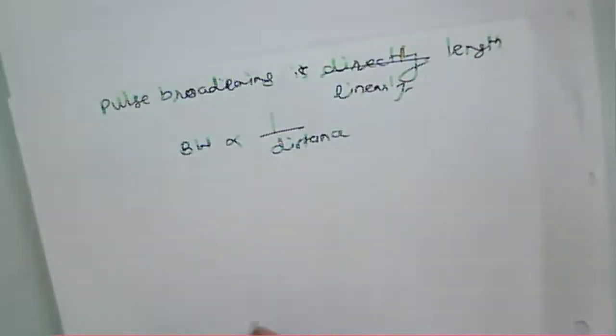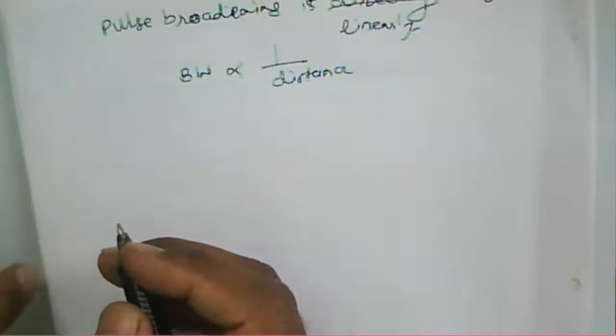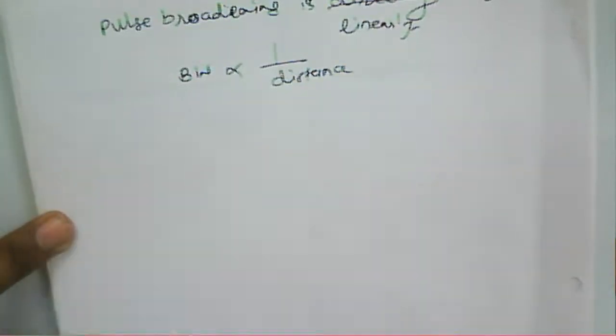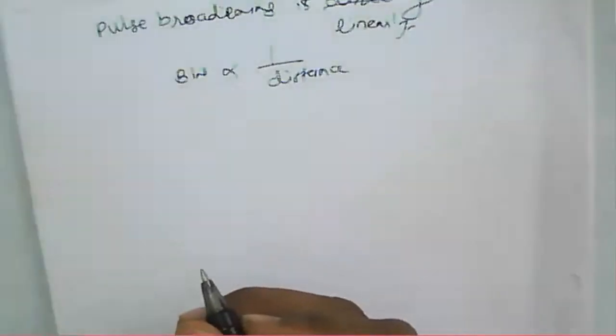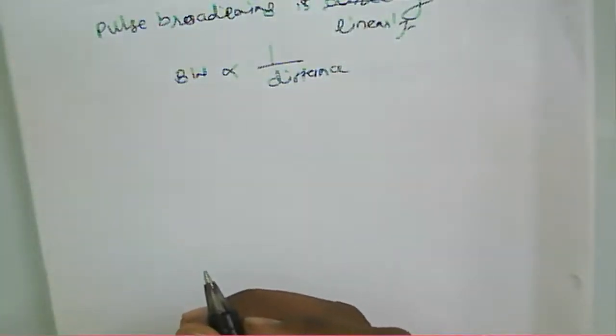Now we take a single example with a multimode fiber, and see how pulse broadening takes place and what the intermodal dispersion will be in each particular fiber.